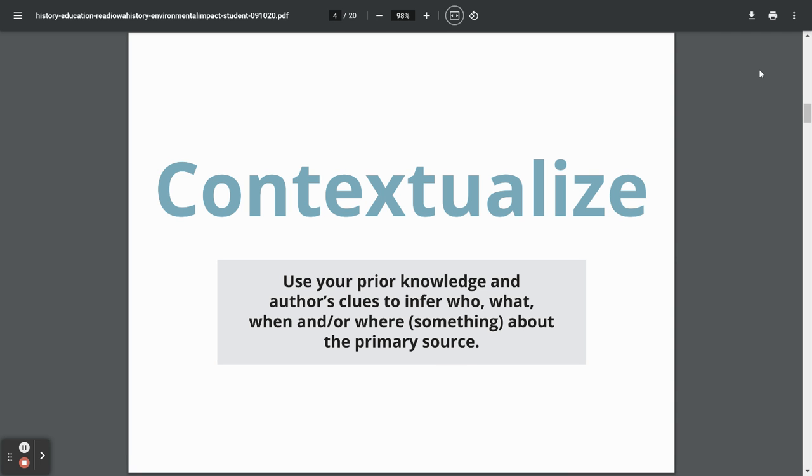The third step is to contextualize. This is where you will use your prior knowledge and the author's clues to infer what the primary source indicates.